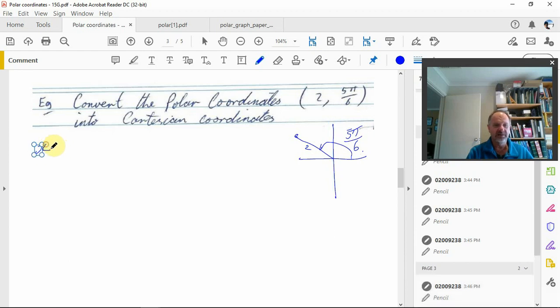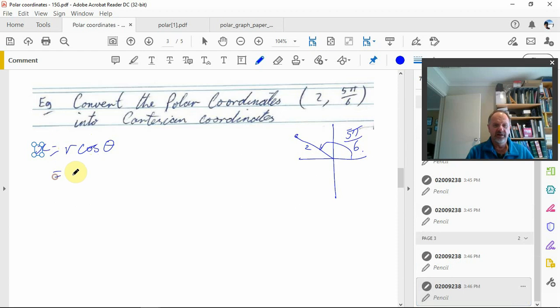So x is equal to r cos theta, and our r is 2, so it's 2 cos 5 pi on 6. Now cos in the second quadrant is negative, so it's 2 times negative. And for 5 pi on 6, our reference angle is pi on 6, and the cos of pi on 6 is root 3 on 2. The 2's cancel, so our x value is negative root 3.